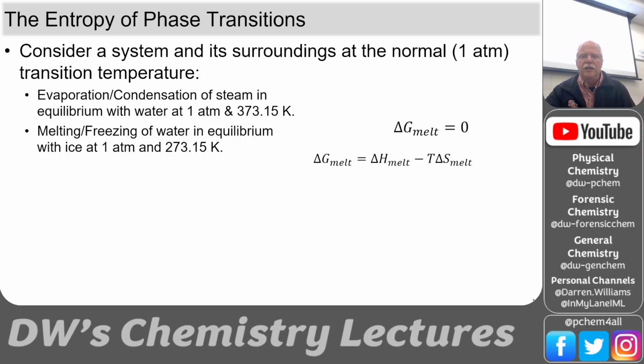And so this delta G of melting at equilibrium is 0. And we know that G is H minus TS, so delta G is delta H minus T delta S. And so we could solve for the change in delta S. So that's the enthalpy change in that phase transition divided by the temperature at which that phase transition occurs.